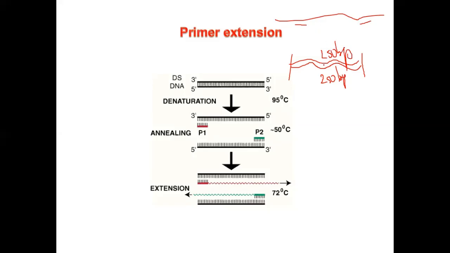While it is amplifying, like a normal PCR, you're adding dNTPs and you can add a P32 labeled dATP. Except for the P32 labeled dATP, all other dNTPs like G, C, and T are normal. The dATP is P32 labeled at the 5' end.